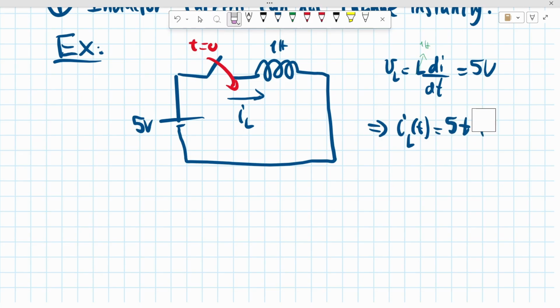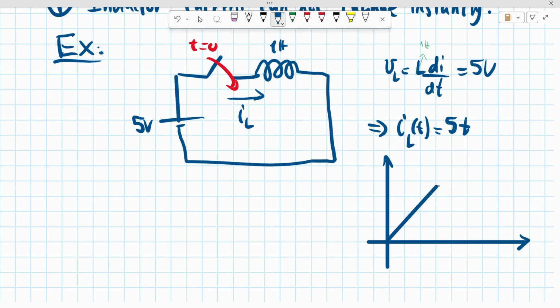We will say that it is equal to 0. So this inductor current, if we want to plot it, will look like this, just an increasing linear current, ramping. This is IL, this is t. At t equal to 1 second, this inductor current will reach 5 amps. This is really bad.